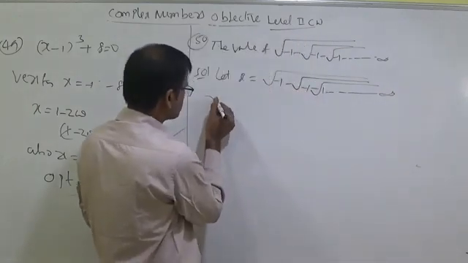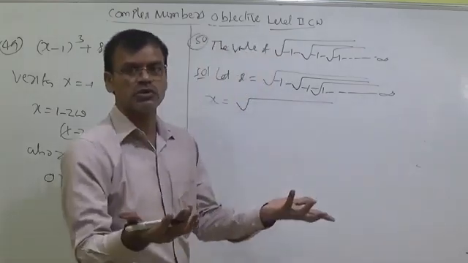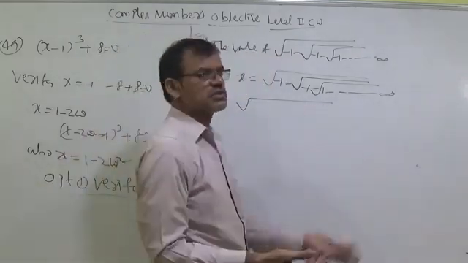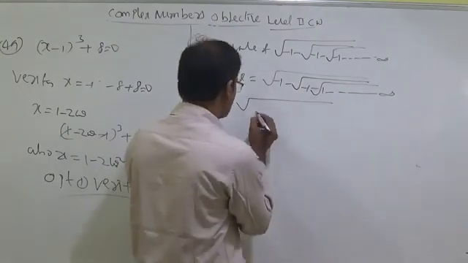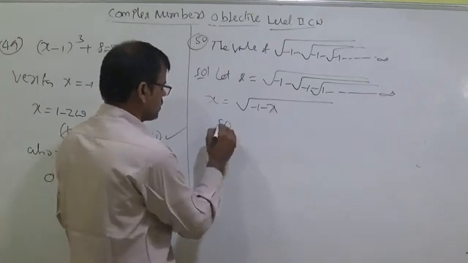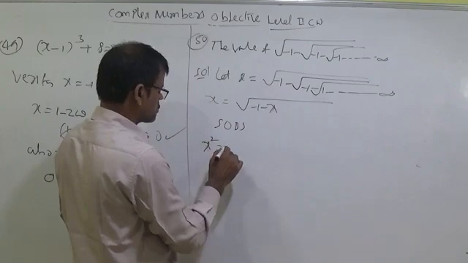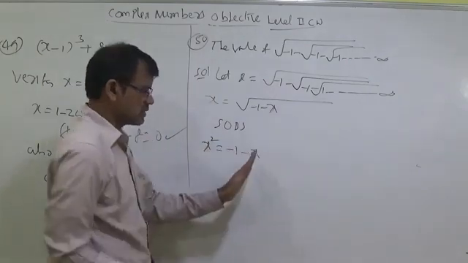Whenever infinite terms are there, simply reduce one term. Of course, there is no change, since infinity minus 1 is also infinity, a large value. So you can write x is equal to root of minus 1 minus x. Now squaring both sides, x square is equal to minus 1 minus x.